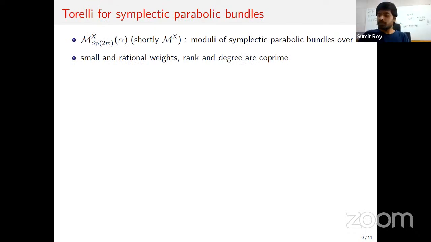So, Torelli for symplectic parabolic vector bundles. Let this be denoted by the moduli space of symplectic parabolic bundles. Okay. And these are all the assumptions: that our parabolic weights are small and rational, and we also assume that the rank and degree are coprime. Okay.